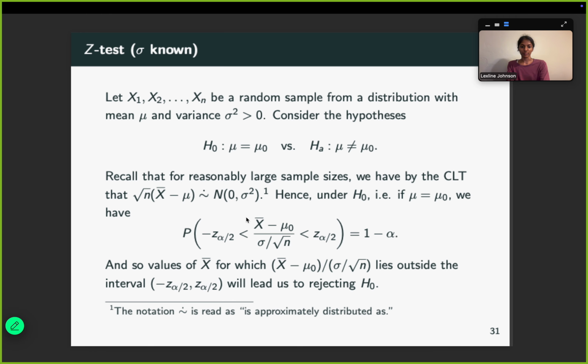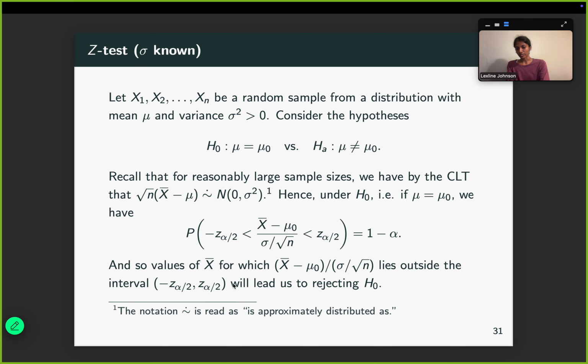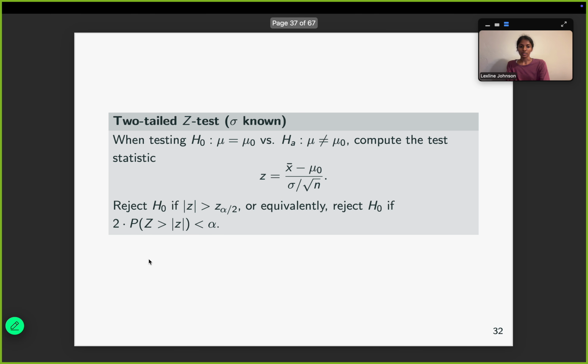That's basically the same thing as being outside of this range. Or we could also write it as 2 times the probability that z is greater than the absolute value of our test statistic, and if that's less than our alpha value.